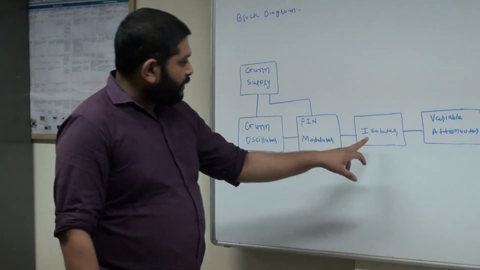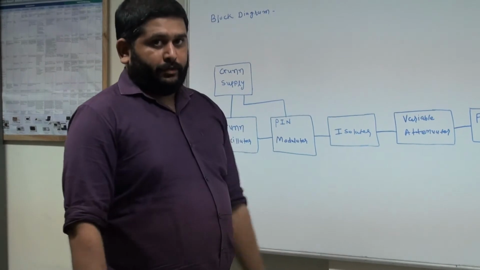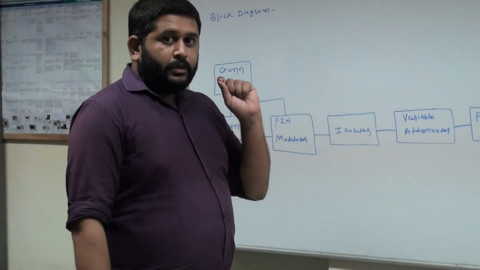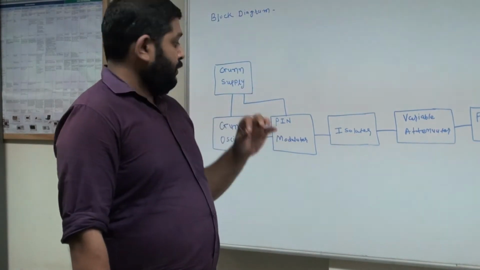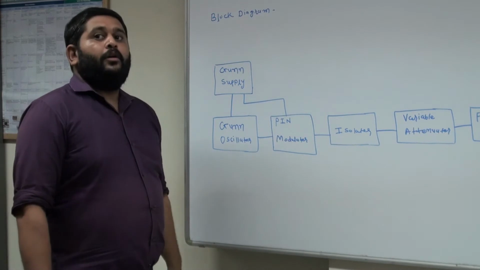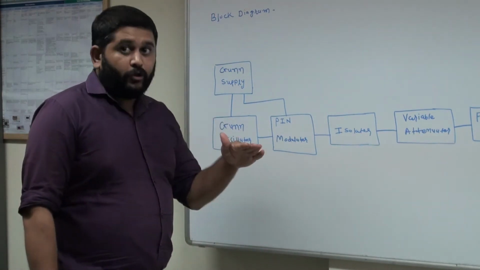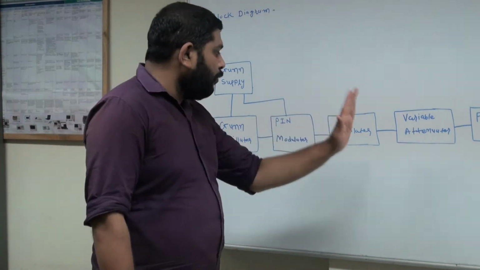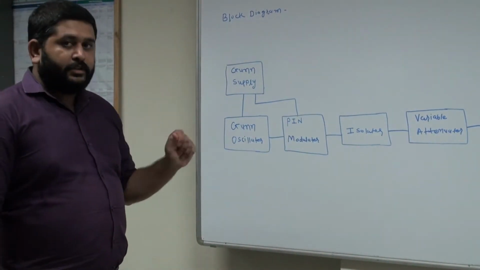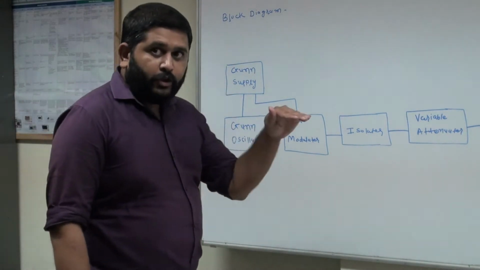And the next part is the isolator. The function of the isolator is to let the RF power flow in one particular direction. That does not allow the reflected power. Means the function of the isolator is to propagate the power in one particular direction.